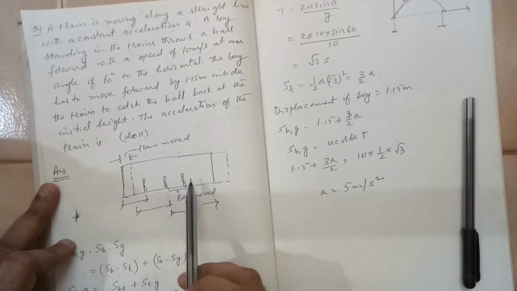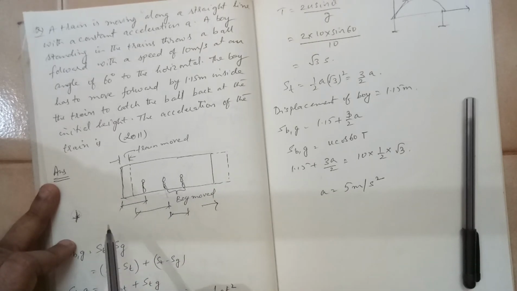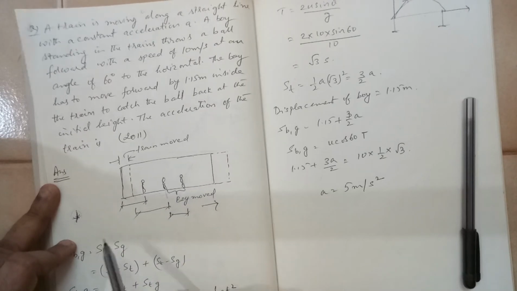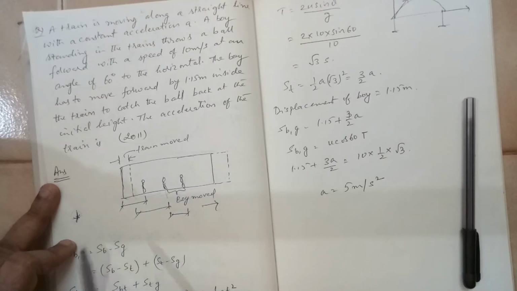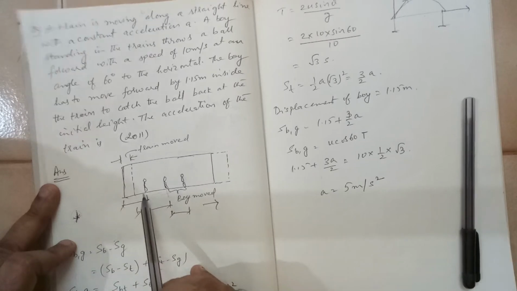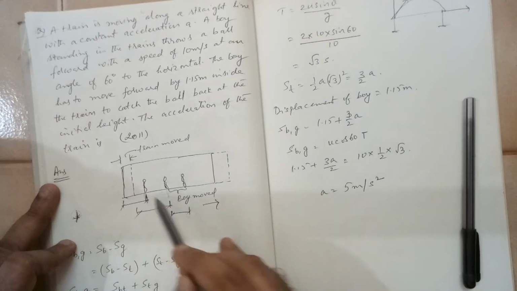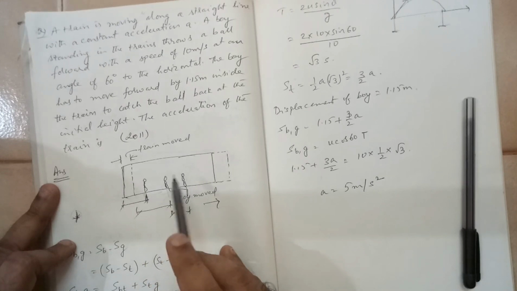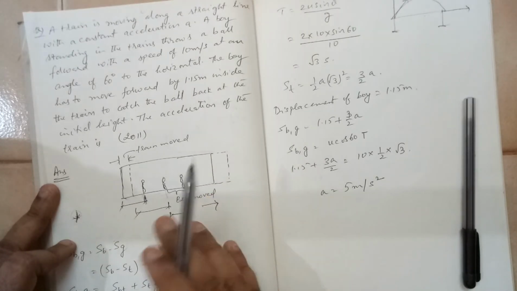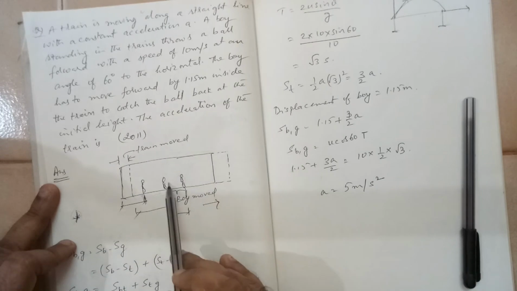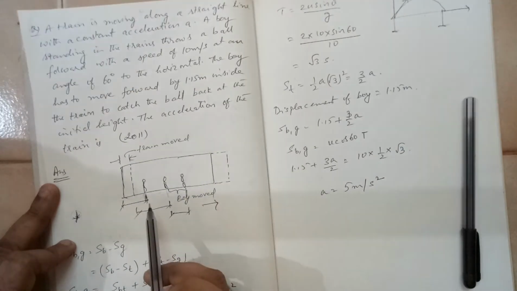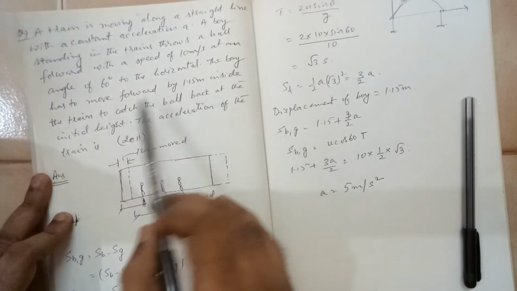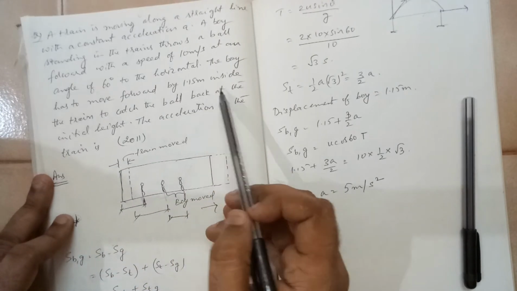But actually the boy also moved. So with respect to the ground, the boy right now is here. How much distance the boy has moved with respect to the ground means from this position to this position. Had the boy been still, it would be this much, but because the boy is also moving, he has gone a little further. So the boy has to move 1.15 meter inside the train.